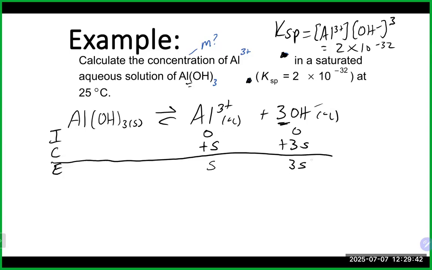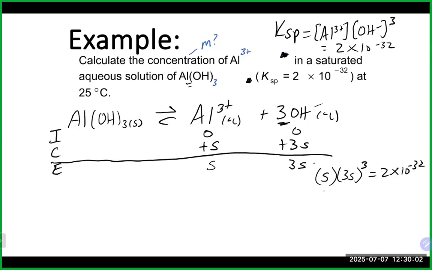So as we've been doing, we're going to then take this into our expression, and that's going to get us here. That's going to give us S times 3S, once again we do need to cube it, equals 2 times 10 to the minus 32.